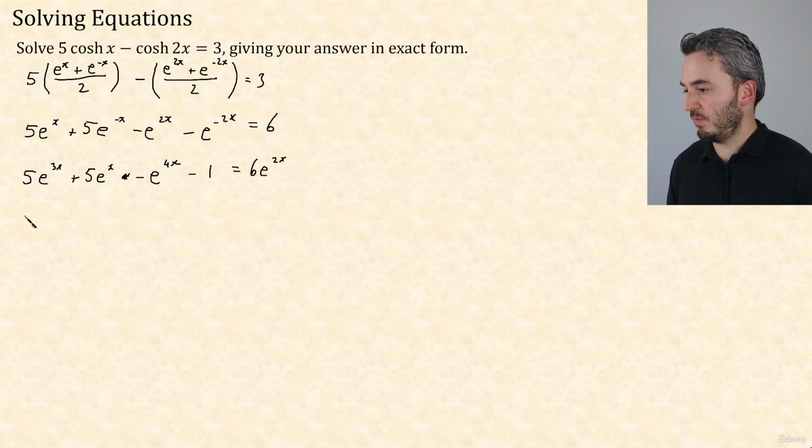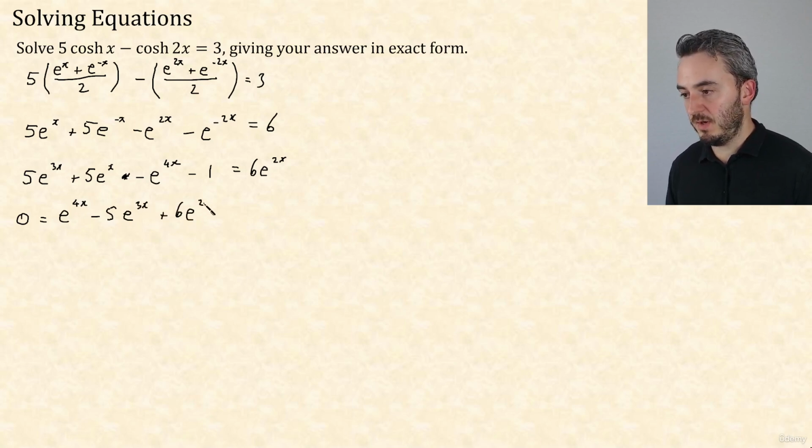Getting everything over onto the right hand side, I've got 0 equals e to the 4x minus 5e to the 3x plus 6e to the 2x minus 5e to the x plus 1.